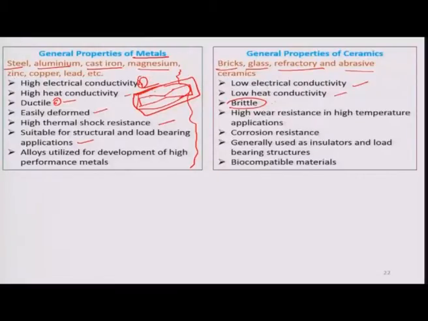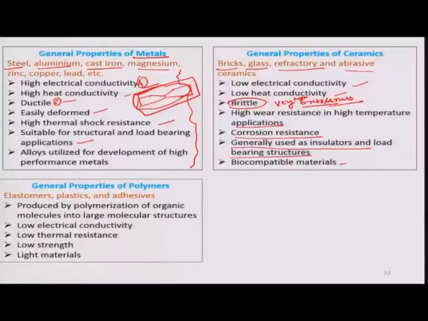Ceramics are very brittle, you know, very high brittleness, you can say. High wear resistance in high temperature applications, corrosion resistance, generally used as insulators and load bearing structures, and biocompatible materials.